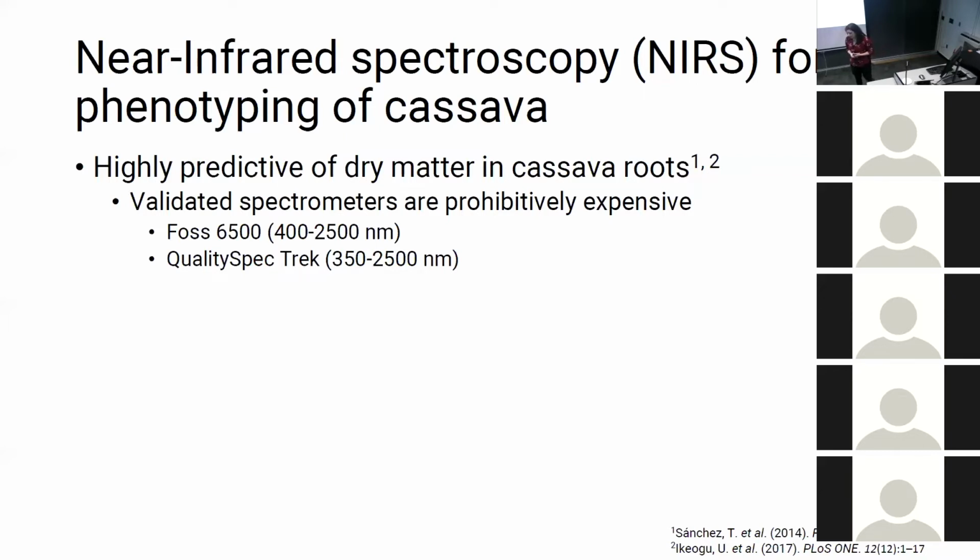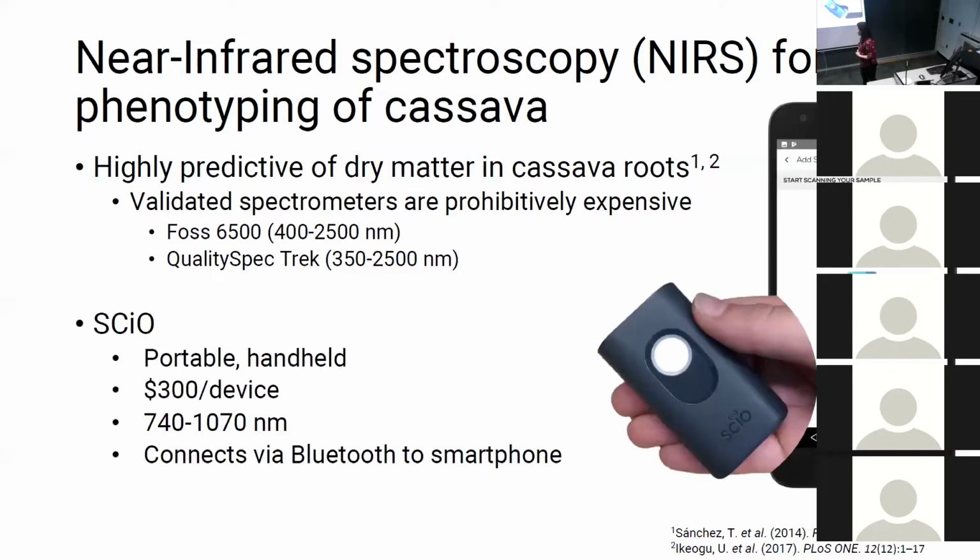But the validated spectrometers that have been looked at so far are prohibitively expensive for most small breeding programs to afford. So because of this, we're looking into the use of a portable handheld spectrometer called the SIO, which at $300 is a 150 to 200 times price reduction from the 50,000 plus that these other spectrometers cost.